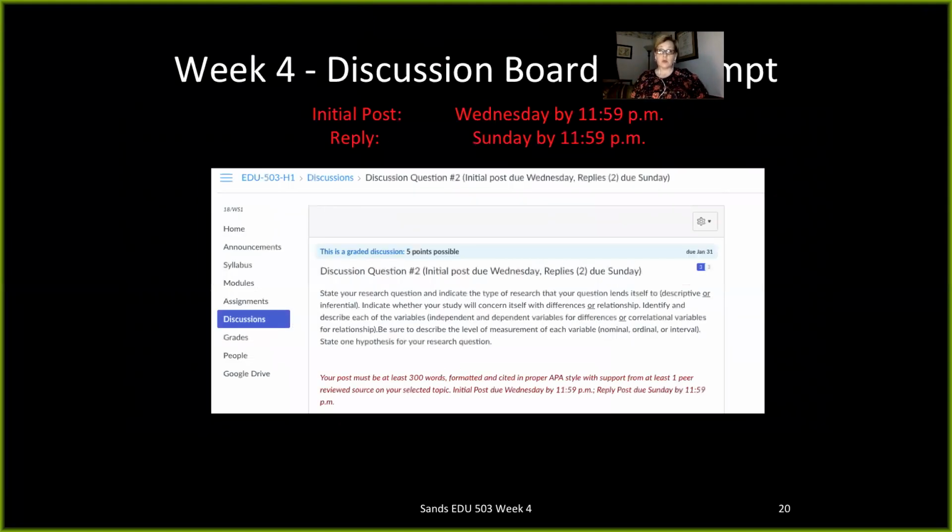With the discussion board prompt, you're talking about your variables coming up, where you discuss descriptive or inferential. You should say something about qualitative or quantitative, and then you need to talk about what your variables are in the study. They'll either be independent or correlational. And if you have a qualitative study, you won't have variables.